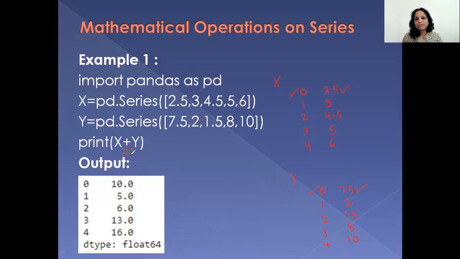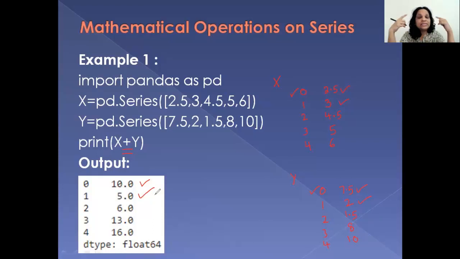So 2.5 plus 7.5 is giving me 10. So I get a 10 here. What I need to realize is it is with index. So the addition of two series is also going to give me the answer as a series. That is the reason you're seeing the positional indexes as well. Okay, 3 gets added to 2, giving me 5, and so on.